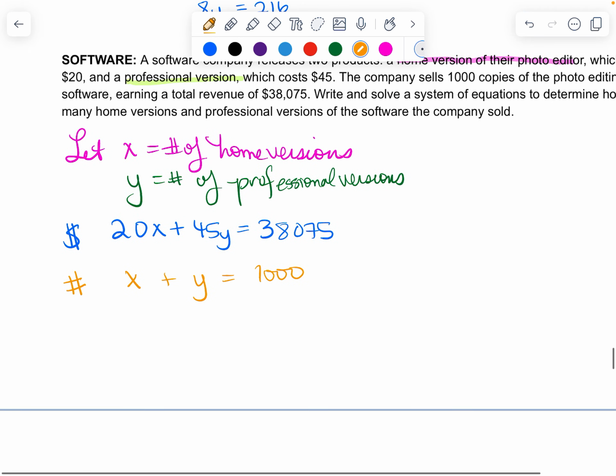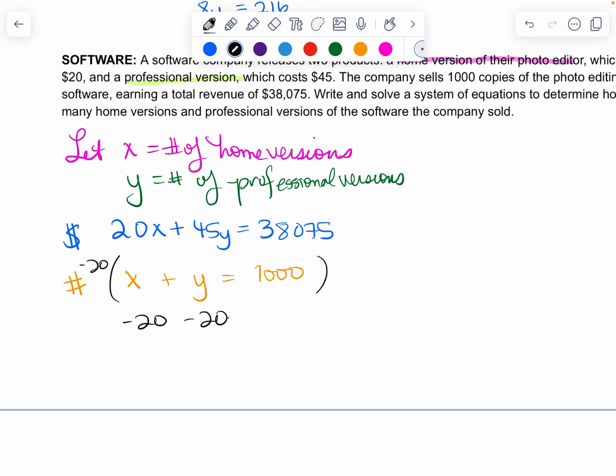Okay. So when we do this problem, I personally would multiply by 20 rather than by 45, but that's just me. So I'm going to multiply by negative 20. I would get negative 20x minus 20y equals negative 20,000. And then bring my original equation from up above.